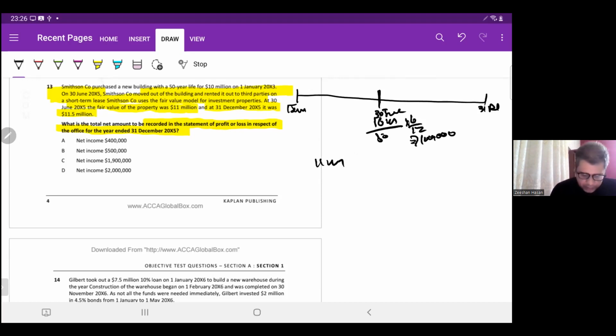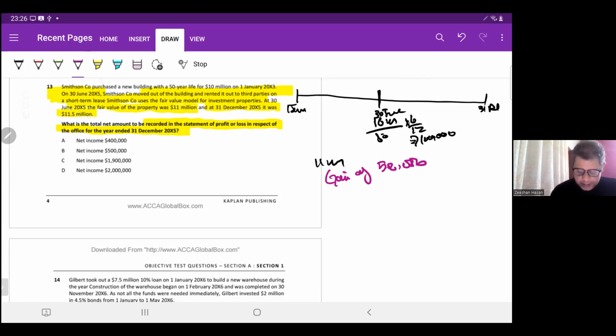So there is a gain of 500,000 from 30th June X5 to December X5. This would be included in the statement of profit or loss.